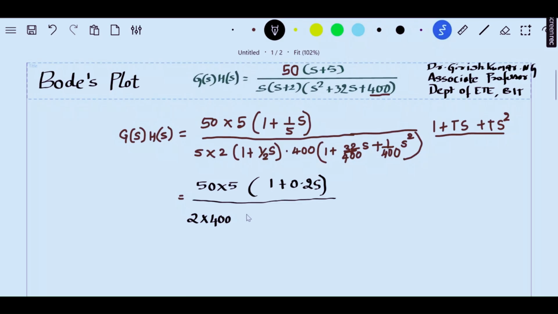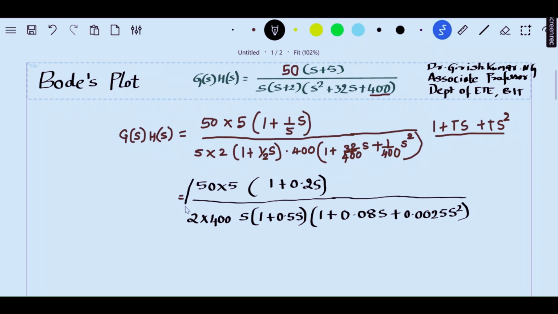And then I'll write s into 1 plus 1 by 2 s. 1 by 2 is 0.5, so it is 1 plus 0.5 s, multiplied by the quadratic term 1 plus, if you do 32 by 400, I get 0.08 s, added with s squared. 1 by 400 s squared will give you 0.0025 s squared. So this is the whole equation.